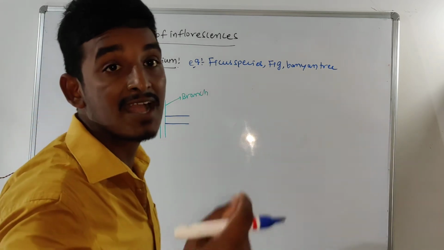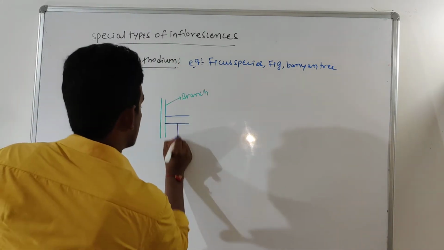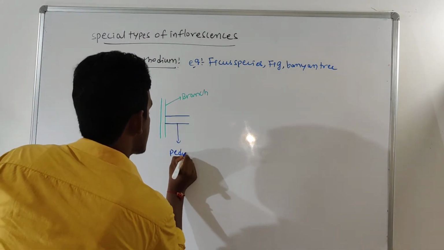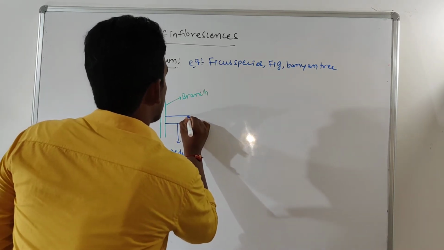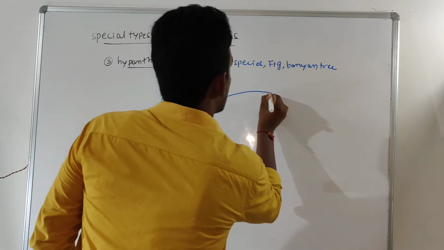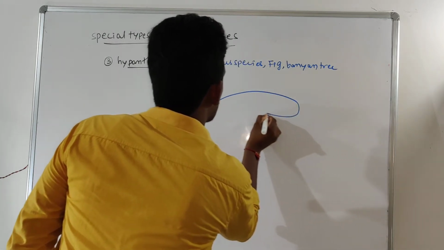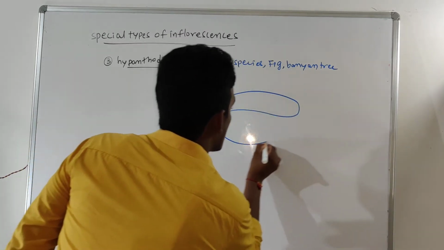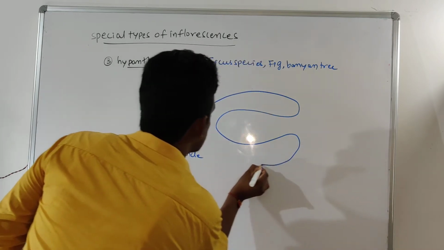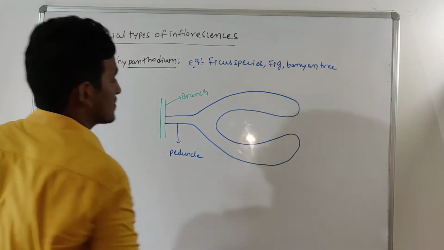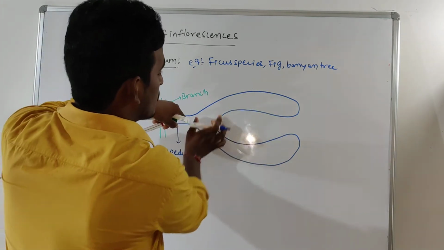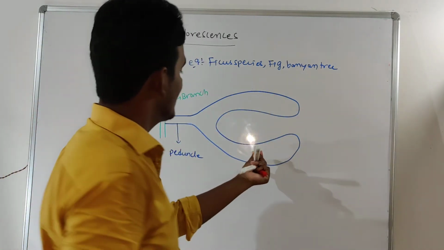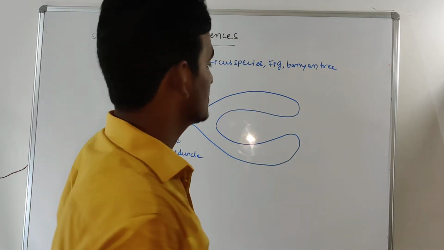Peduncle means the start of the inflorescence. Here the upper part of the peduncle is modified into a narrow cup-like structure.